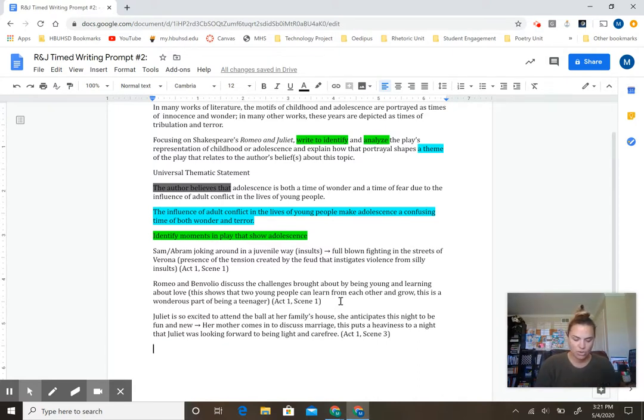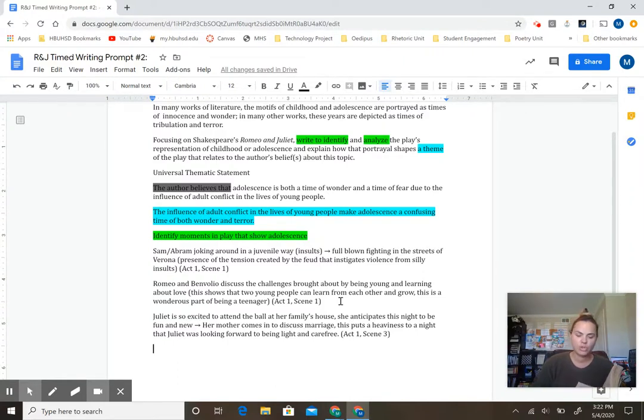Okay, so the Act One, Scene Four, I could get into. It's the scene with Romeo, Mercutio, and Benvolio on their way to the ball. So it's definitely a scene about adolescence, because it's only youth present in the scene. And they're talking about love, and Romeo's taking love very seriously, and it's dragging him down.